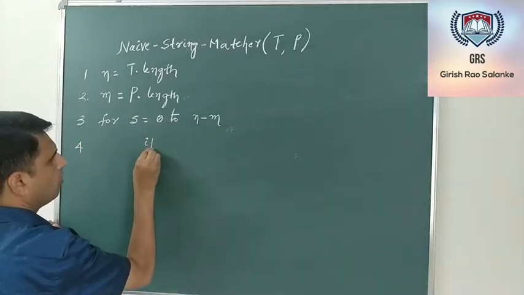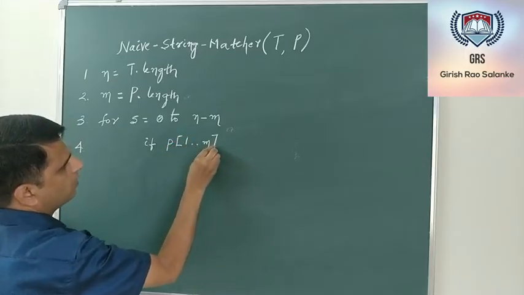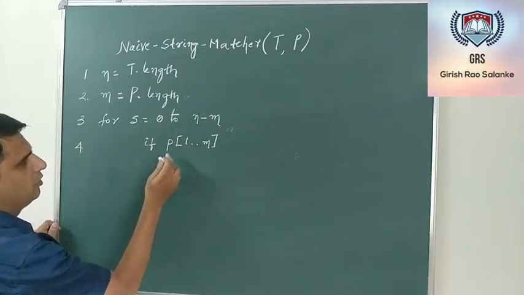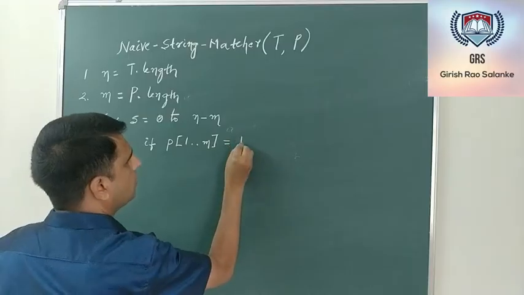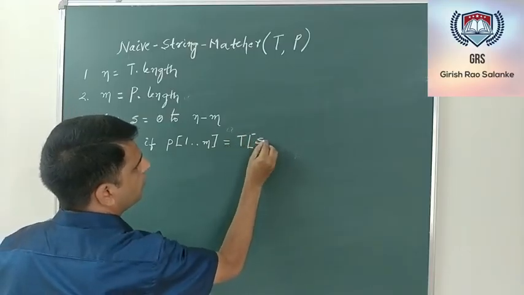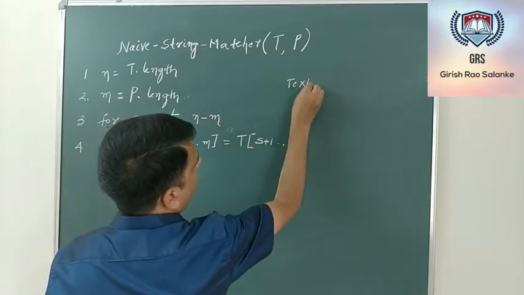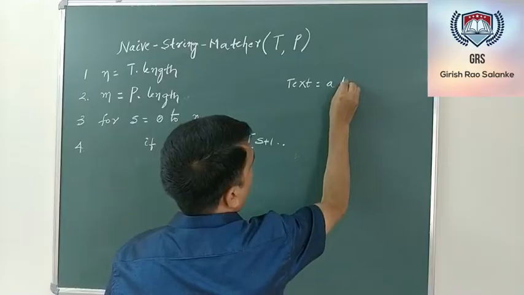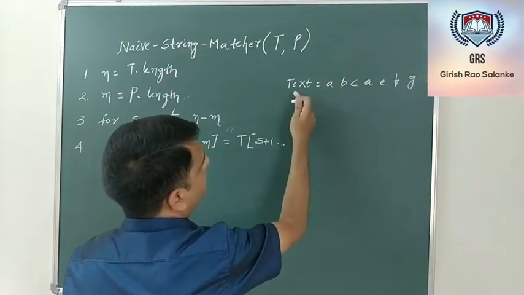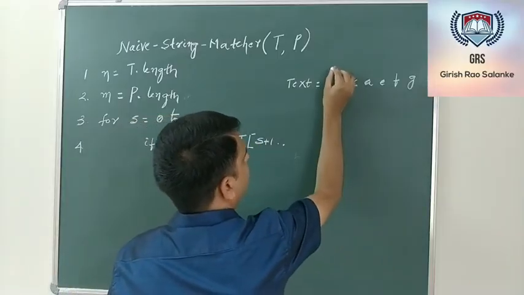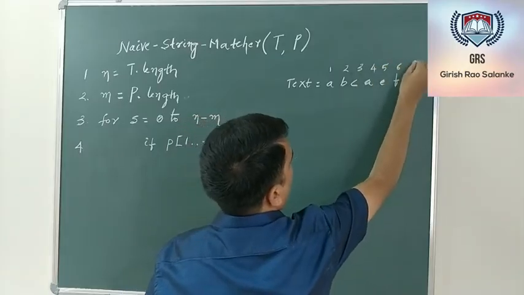So if P[1..m], the size of the pattern was m, is equal to T[s+1..s+m]. For my text, I have taken an example: A, B, C, A, E, F, G. The size of my text was 7 characters, indexed from 1 to n. That was 1 to 7.